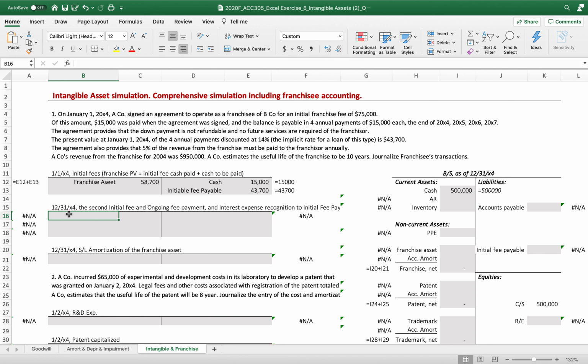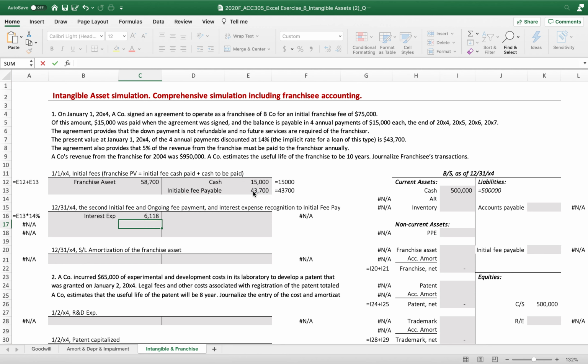This $15,000 annual fee is comprised of the initial fee payable, which is the principal, and the interest, because that $34,700 payable produces interest. So that interest expense should be recognized. How do you get it? 34,700 times 14%.